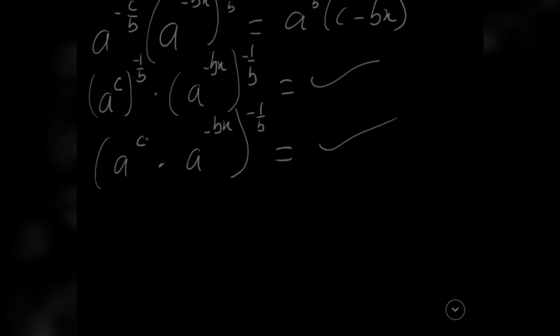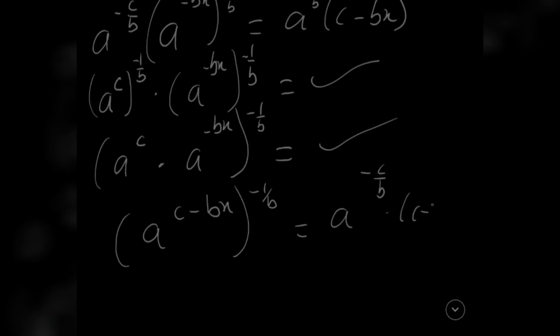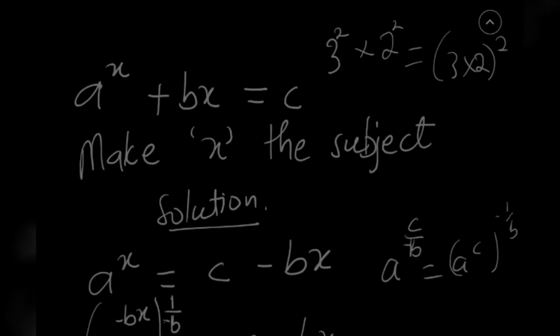Okay, so a raised to the power c multiplying a raised to the power minus bx, same bases multiplying, so we have to add the exponents. So we get a raised to the power c minus bx, raised to the power minus 1 over b, equals a raised to the power minus c over b multiplying c minus bx, right?